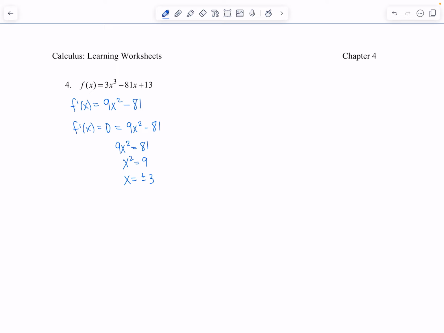And so we will look around -3 and +3. So on the negative side of -3, we'll try -4. In between -3 and +3, we'll try 0. And on the positive side of 3, we'll try 4.